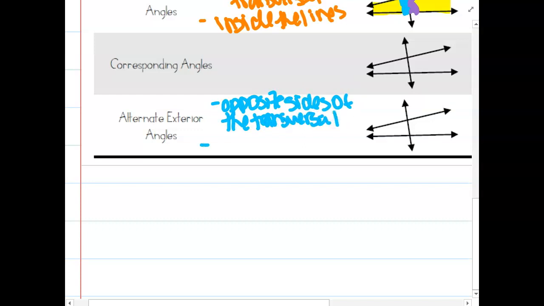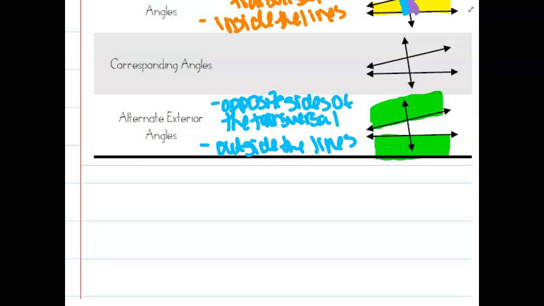Opposite sides of the transversal. But this time, since they are exterior angles, they're going to be outside the lines. This time, they're either going to be above the top line or below the bottom line.